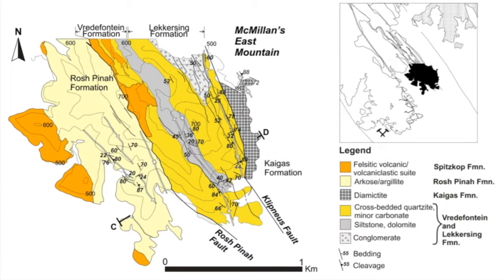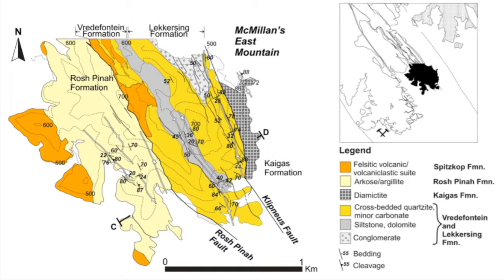Okay, so this is the geology of Macmillan's mountain that we're going to be working on today. We have some felsic volcanic rocks in the west there. We have a sequence of arcoses and argillites interbedded, like a turbidite sequence known as the Rosh Pinah Formation.